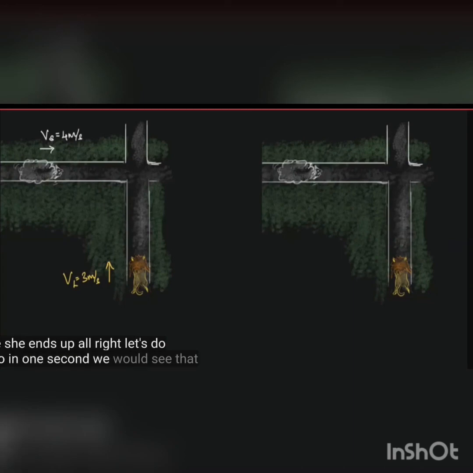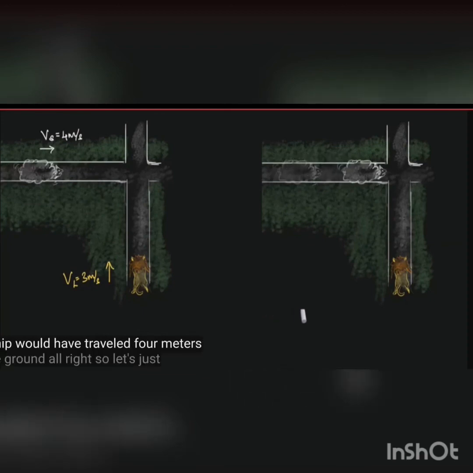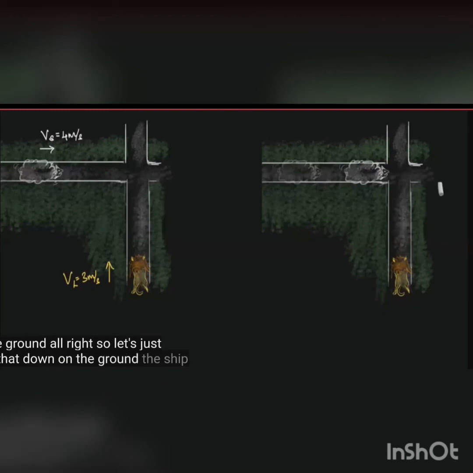So now the perceived velocity would be a combination of both velocities, one along the y-axis, one along the x-axis.